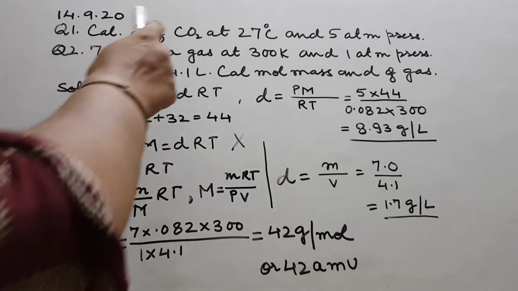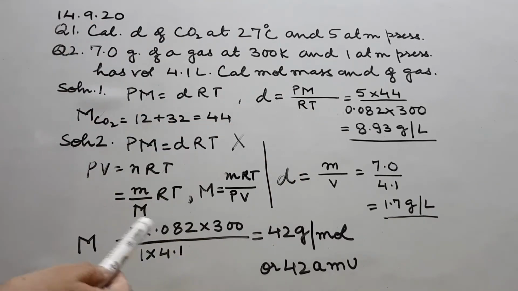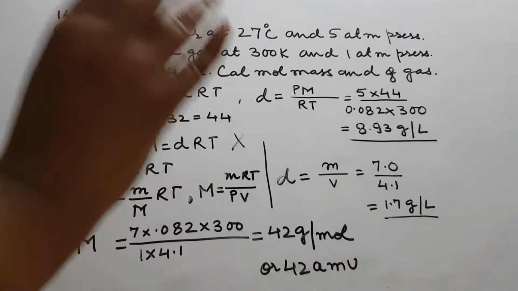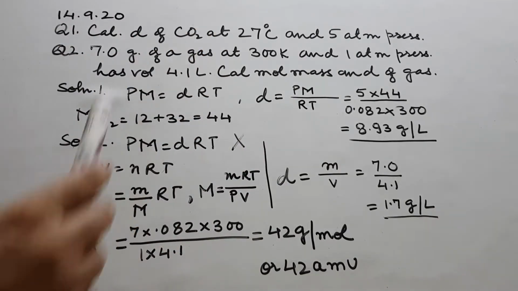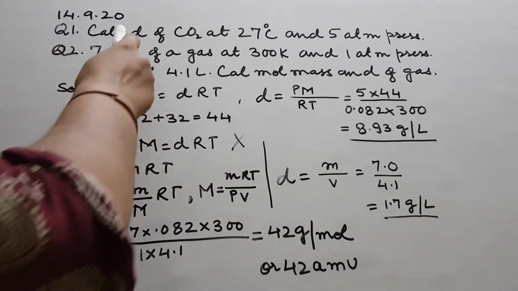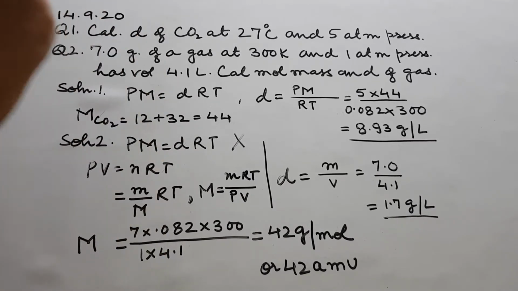Had it been ammonia, it would have been NH3 mass, 14 plus 3. Had it been any other gas, methane, 12 plus 4, 16, accordingly. So I hope you got my point, children. How I came to know what formula will be used, I again repeat: they're saying calculate D, density. I know only two formulas.